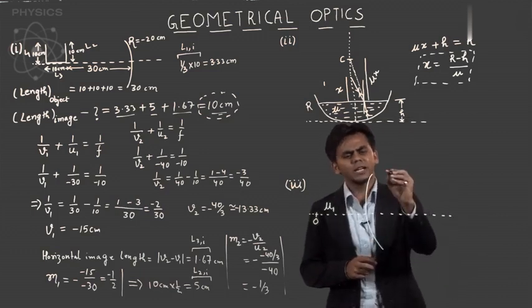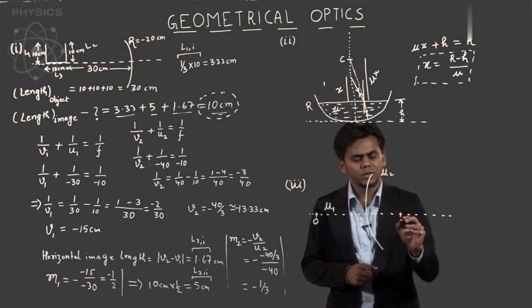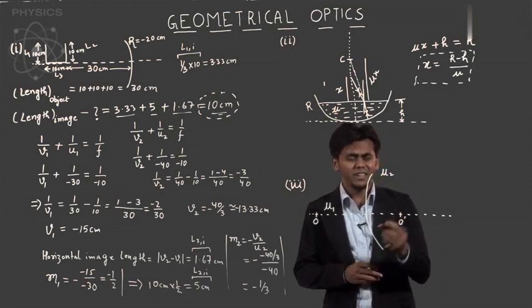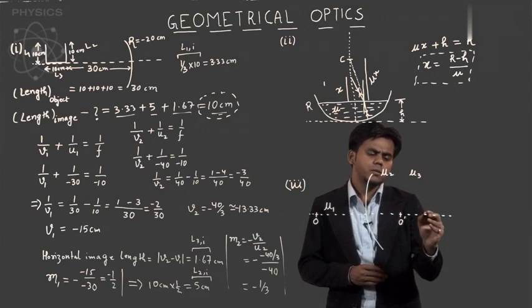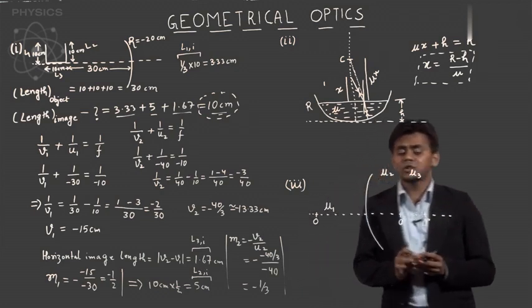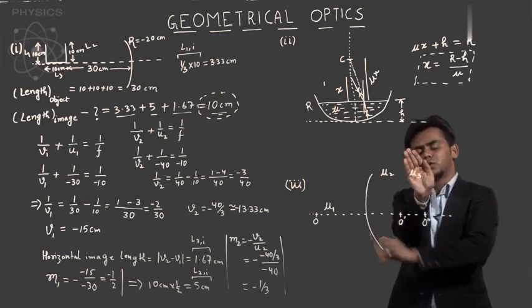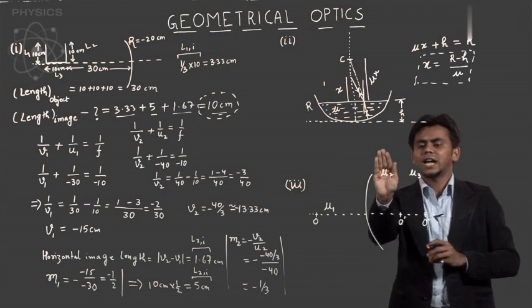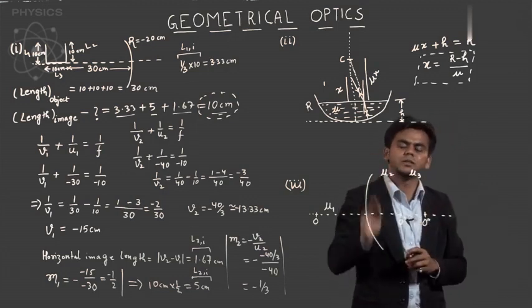So if my refractive index was mu2, the image of the object O was formed here, O prime or O dash. And if it was mu3, my image was formed over here, O double dash. See, these are not the same diagram. This O dash is when I have just mu2 all over this region, and this O double dash is when I have mu3 all over the region, right?